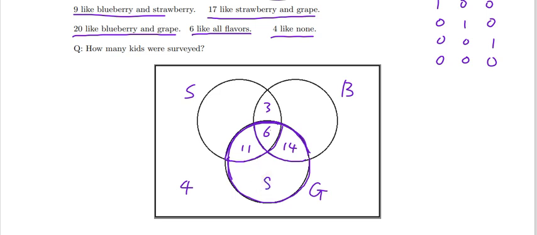So we know here is 8. We just do it this way, so we can fill out each cell. Then we can find the answer to the question of how many kids, so we can find the total number.